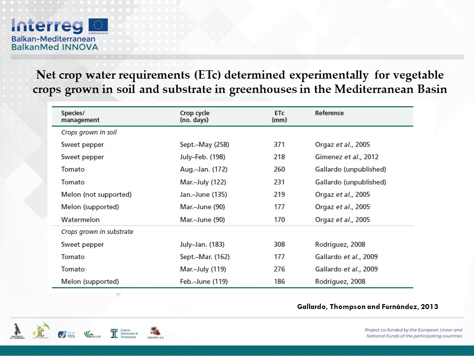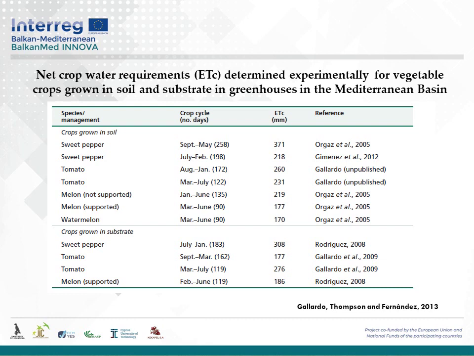The ETC of major vegetable crops grown in soil in unheated plastic greenhouses has been experimentally determined in some Mediterranean countries, and data about the specific values are presented in this table of Gallardo and other authors. Seasonal crop water requirements, the ETC, range from 170 to 370 millimeters, as you can see from this table.